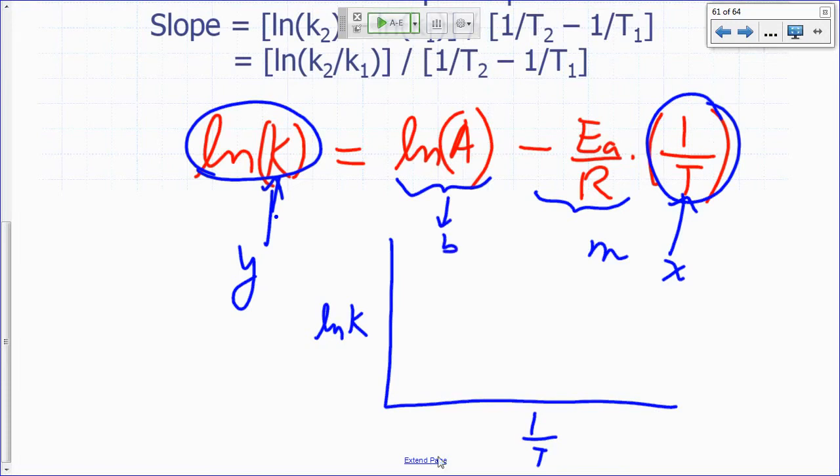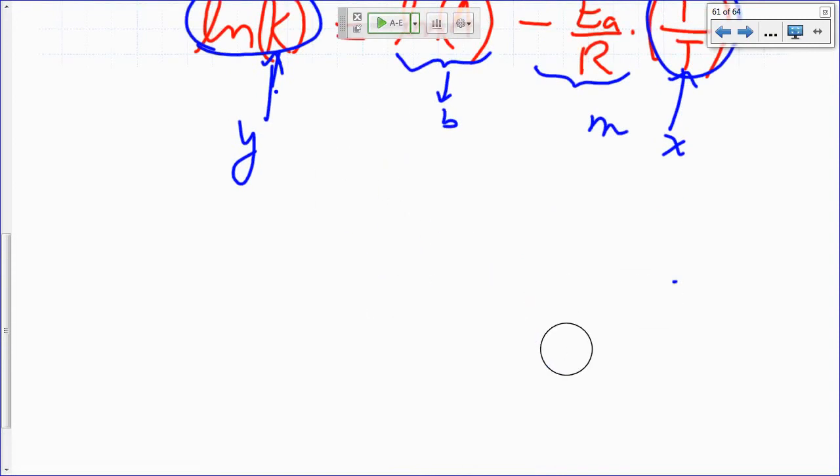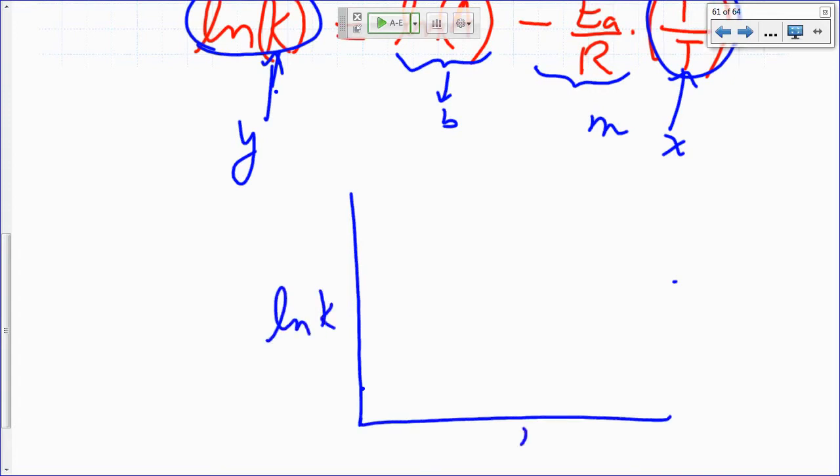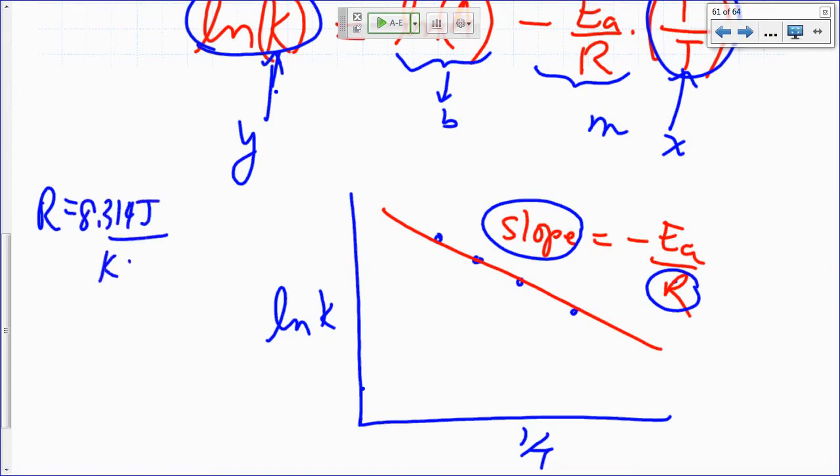If I were to plot natural log of k versus 1 over T, I'm going to get a straight line with a slope equal to negative E sub A over R. In other words, if I want to determine my energy of activation, all I have to do is multiply my slope by R. What's the value of R? 8.314 joules per Kelvin per mole.